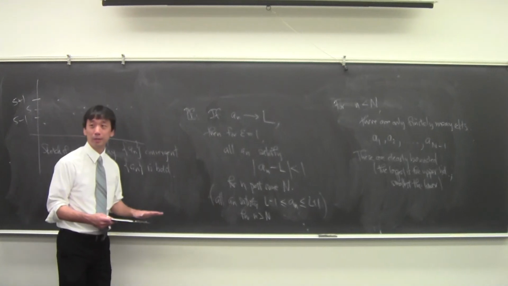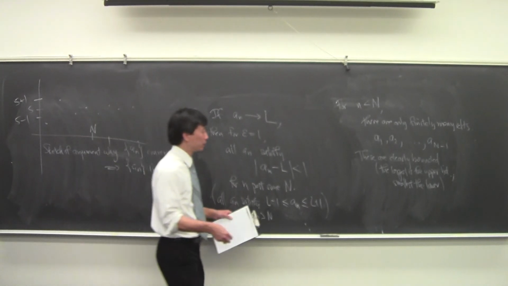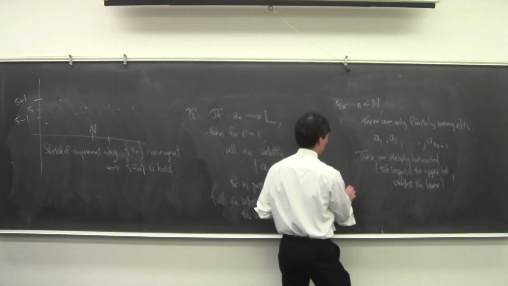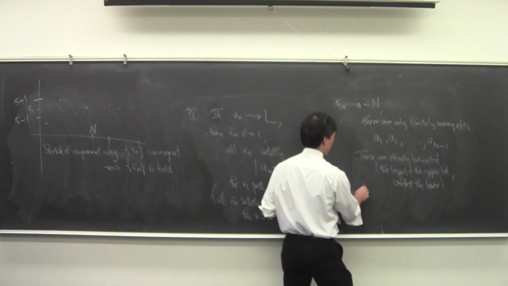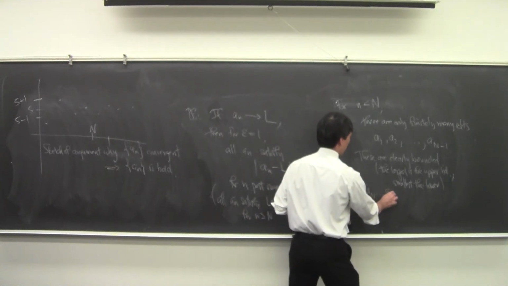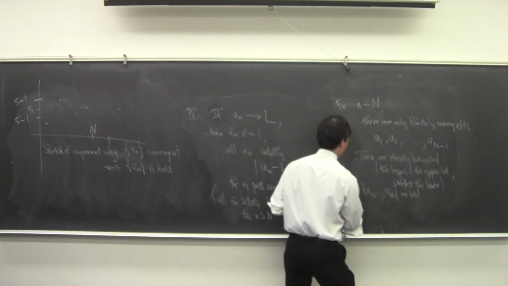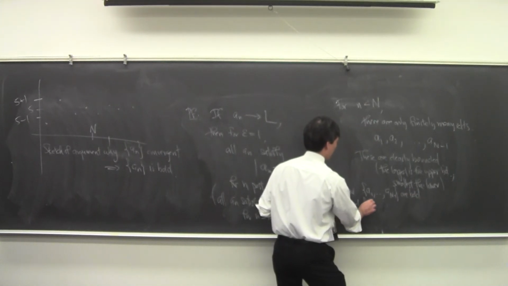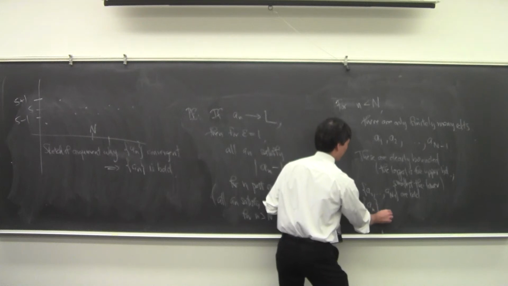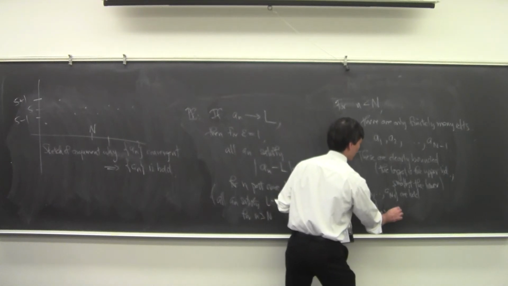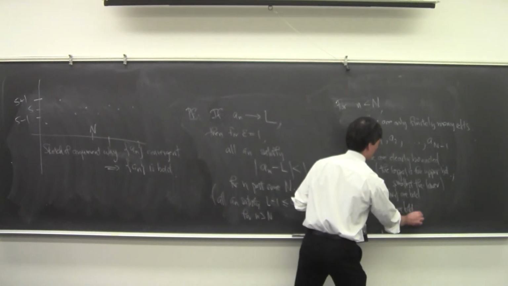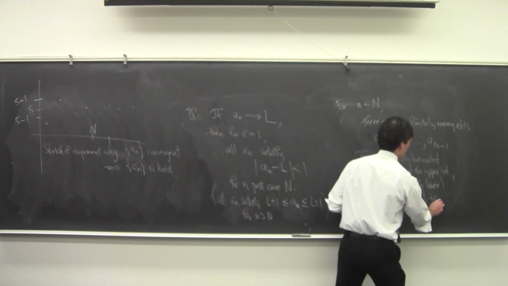Okay. Since a1 through a sub N minus 1 are bounded, and the a sub n for n bigger than N are bounded, the whole sequence is bounded.